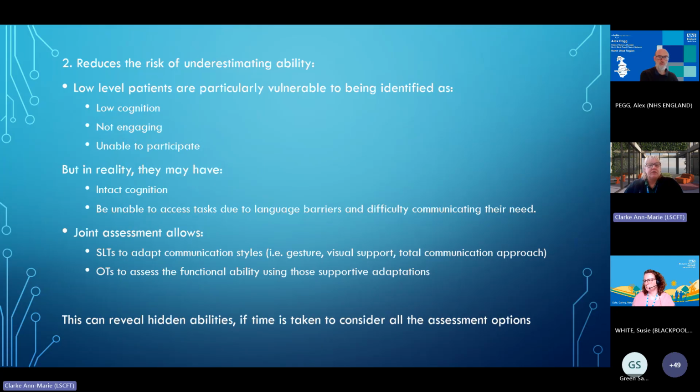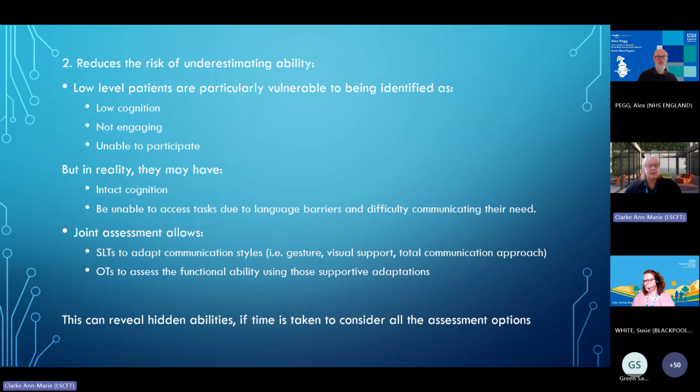It reduces the risk of underestimating ability. Low-level patients are particularly vulnerable to being identified as having low cognition, not engaging, unable to participate, but in reality they may have intact cognition and are just unable to access tasks due to language barriers and difficulty communicating their needs.